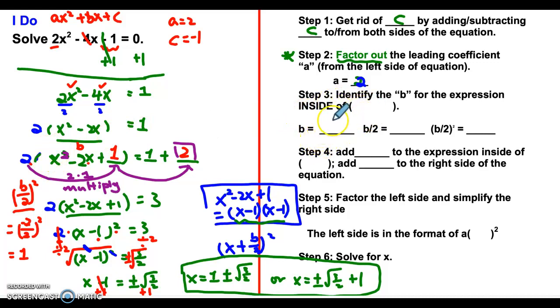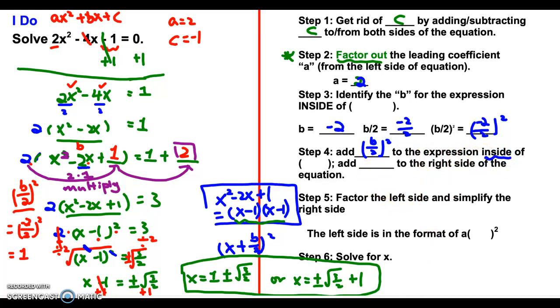Now, for the expression inside the binomial, we want to identify the new b. This is the new b. Okay, new b. That is negative 2, and then we divide it by 2, and then take the square of that because we need it to complete the square. We are adding, once again, b over 2 squared to the expression inside the parentheses.